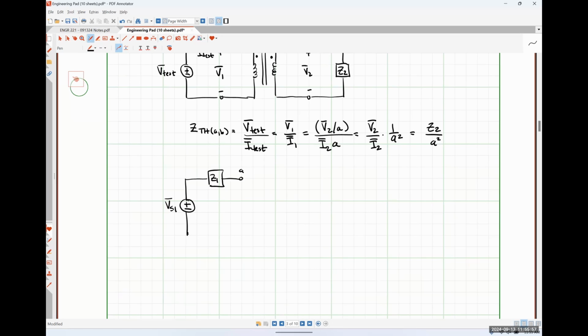Here's terminal A. Here's terminal B. Then I'm going to have this impedance, which I'm going to call Z2 prime, and this voltage, VS2 prime, where this prime designation, I'm using a single prime to say I'm reflecting this to the primary side.